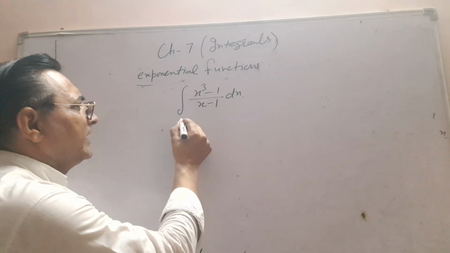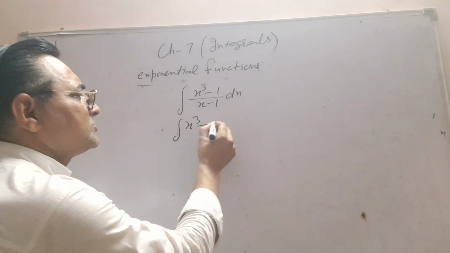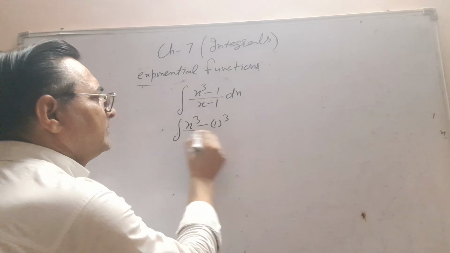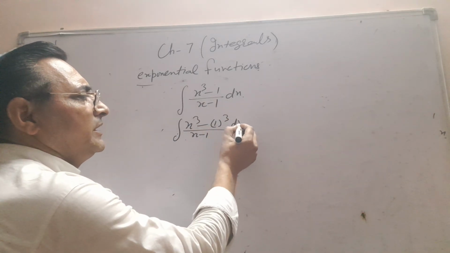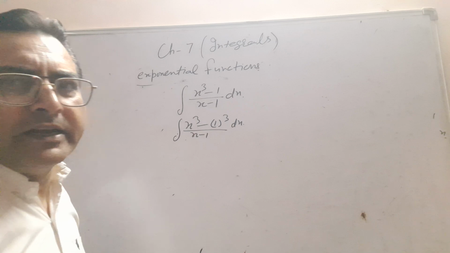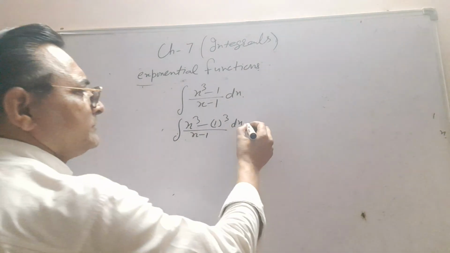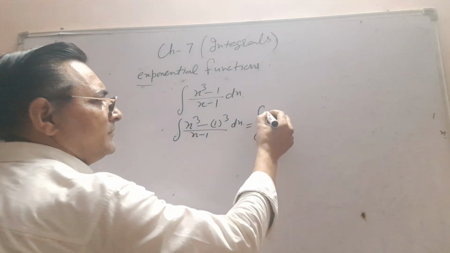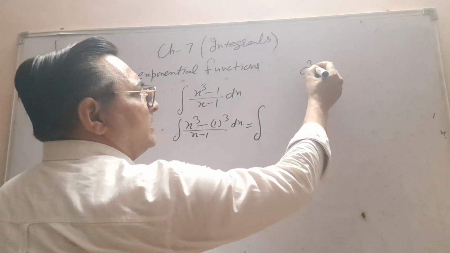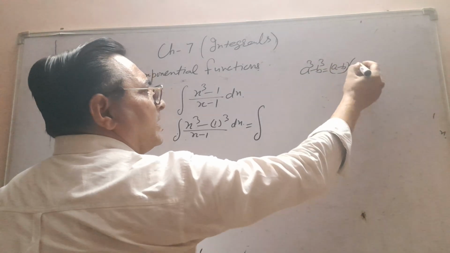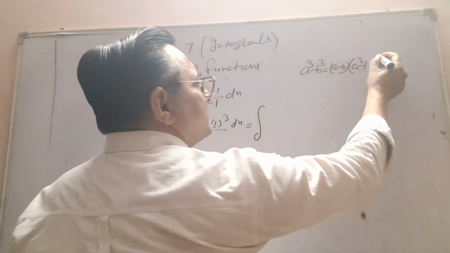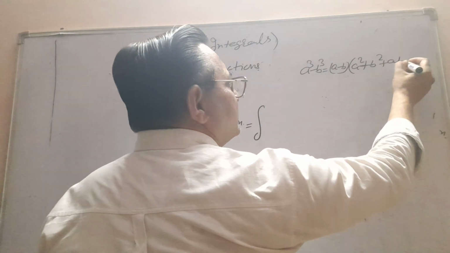Here, if we write x cube minus 1 cube, this will be the identity a cube minus b cube. So what is the identity of a cube minus b cube? Its identity is a minus b into a square plus b square plus ab.